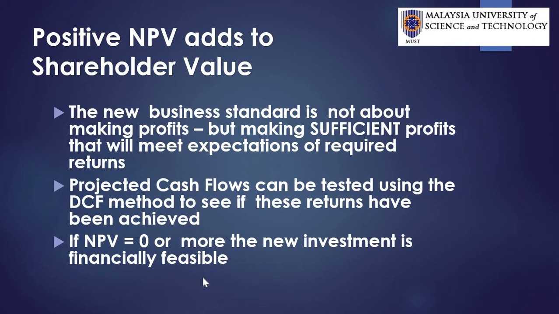When we tested the projected cash flows at 11%, we found that the net present value was above 0. This means that we can now say that the decision criteria for net present value is that if the project's net present value is greater than 0, then the new investment becomes financially feasible.